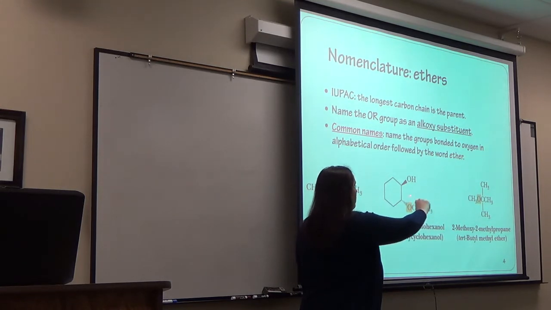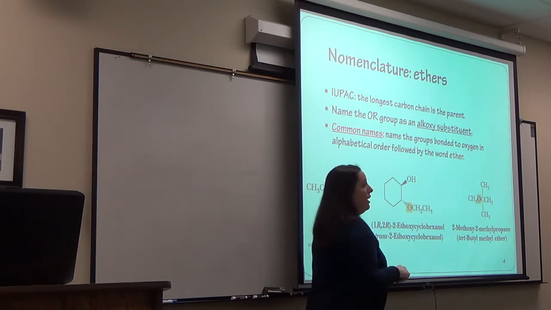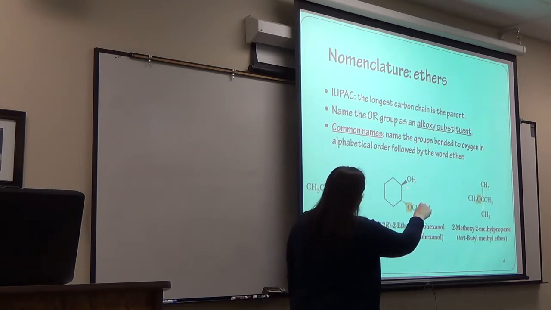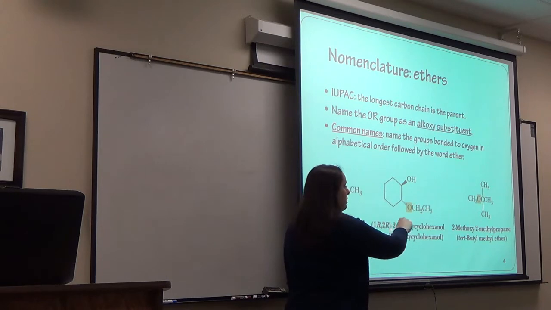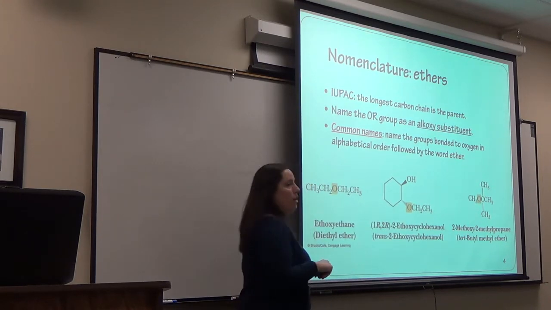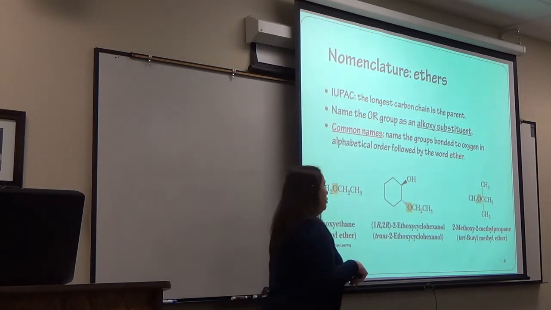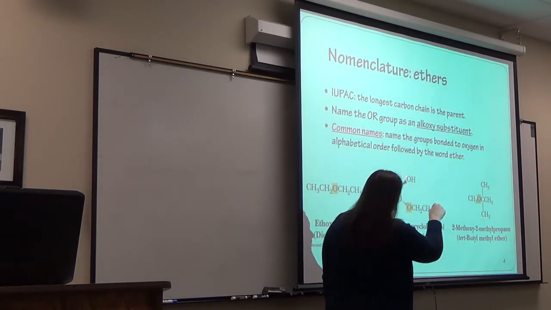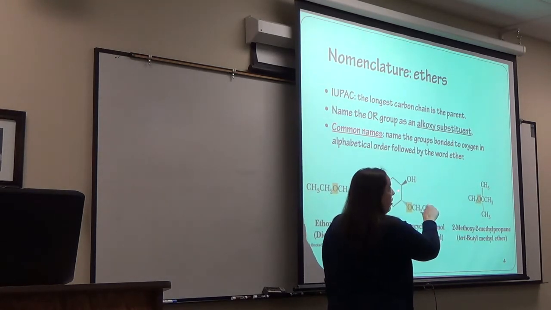The smaller becomes the alkoxy. The larger becomes the parent chain. And of course, there's some wedge and dash, so you do have to consider the stereochemistry here. That's why you have the 1R, 2R, 2-ethoxycyclohexanol. And this is carbon 1, since the alcohol is part of the parent chain, so 1, 2. That's why you have the 2-ethoxy.